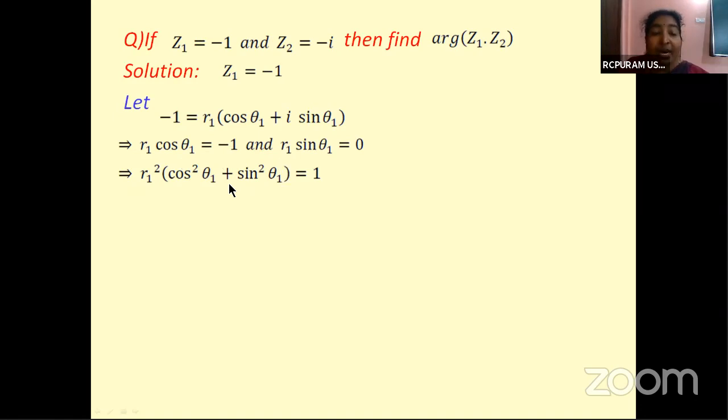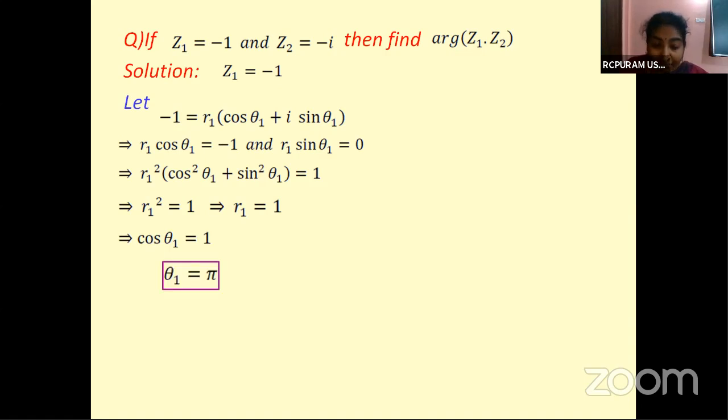So R1 square is equal to 1, which implies R1 is equal to 1. Then cos theta 1 should be minus 1, children. So theta 1 is equal to pi.